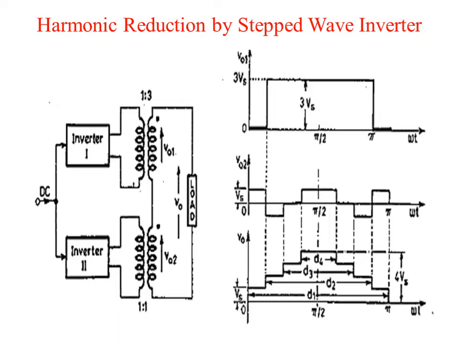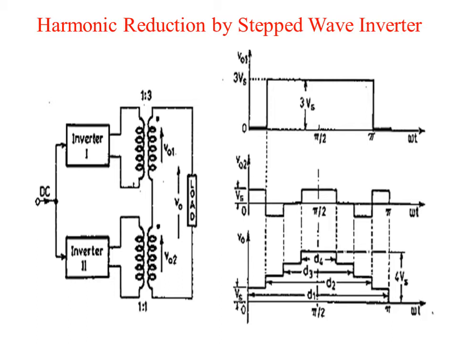The resultant output voltage from the series combination of inverter 1 and inverter 2 is obtained by superimposing the waveforms from figure B, part 1 and part 2. This summation, depicted in figure B part C, shows that the amplitude of output voltage is 4 Vs and the waveform has 4 steps.